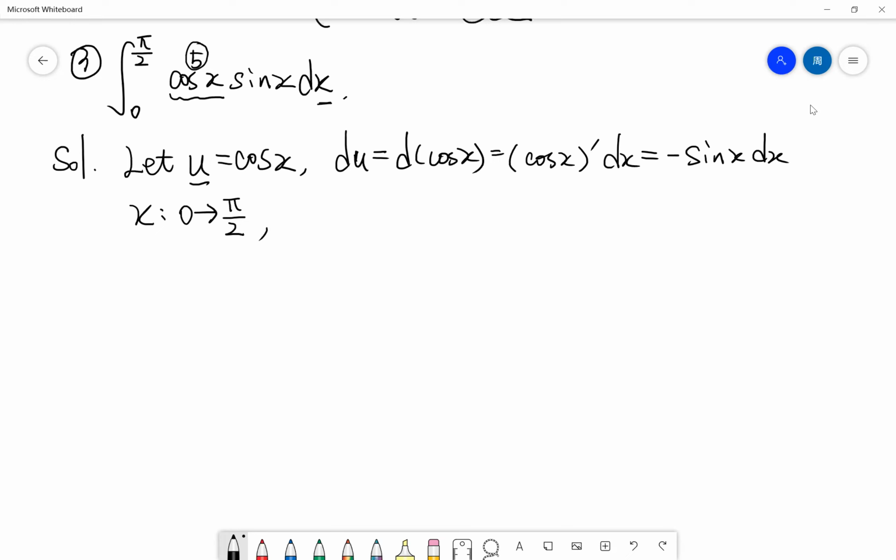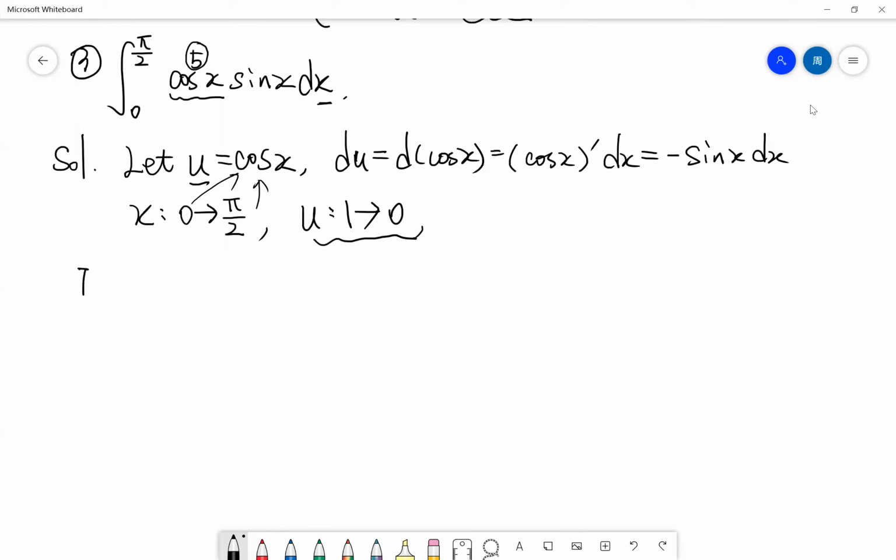So u takes values from, we can substitute 0 first: cosine 0 makes 1. And we can substitute pi by 2: cosine pi by 2 means 0. So the new limits are from 1 to 0, okay?